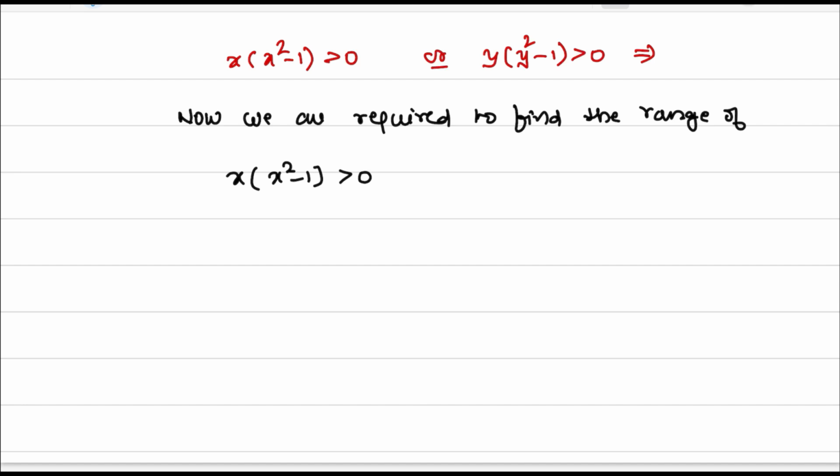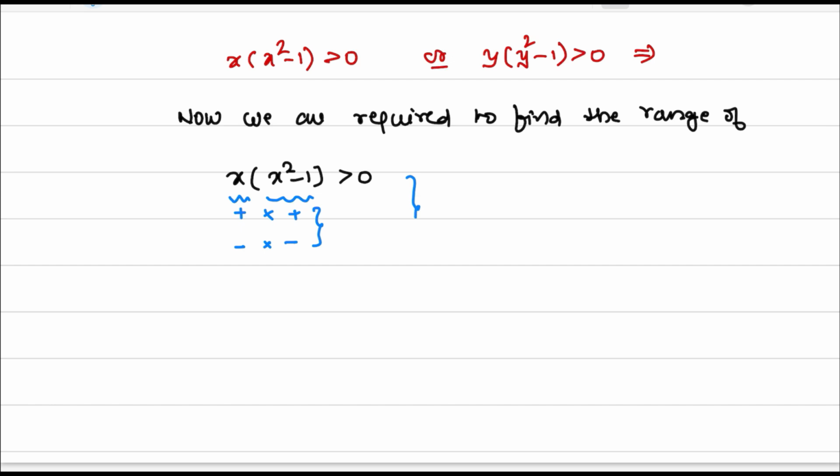This should be positive and this should be positive. Both when positive only, they will be greater than 0. Or it should be negative and it should be negative. Either both should be positive or both should be negative.